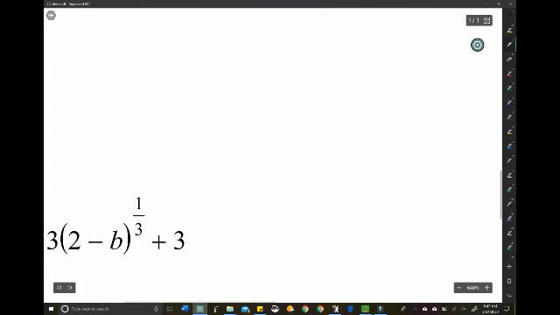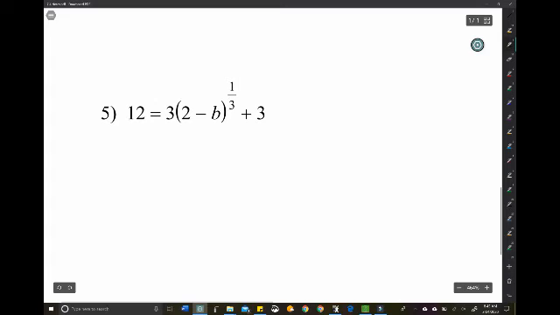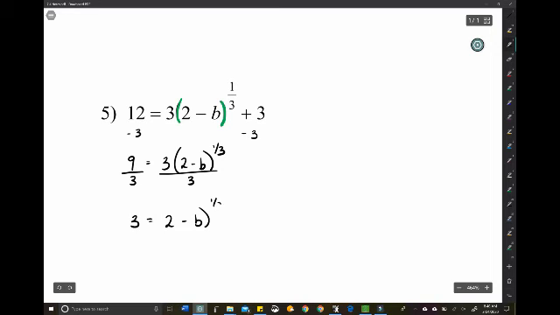Okay, let's look at a few more here. Oh man, look at all these operations. But let's use everything we've talked about. So isolate the fractional exponent part. Opposite order of operations, so we'll subtract 3 from each side first. Divide each side by 3. So again, don't distribute when you have that exponent there. It's a trap, so don't do that. 2 minus b to the 1/3.